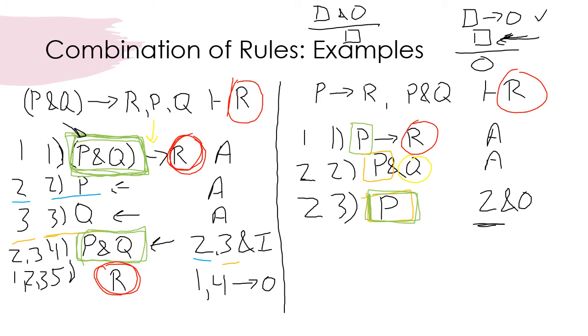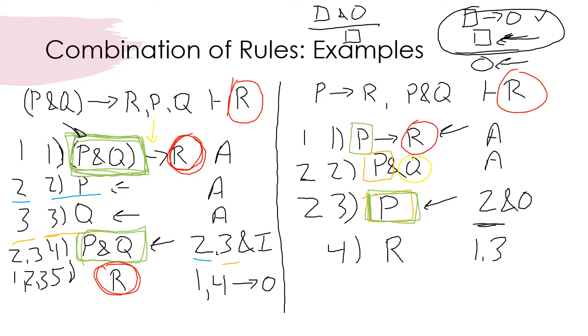And so, since I have a conditional in this first line, square arrow circle, I have the left side, I have the square, I've got the antecedent, what we call it in logic. So, since I have those two pieces, I can derive the right side from it. So that would be 1 and 3. What's the rule I'm using? I'm using arrow out. And so what's the number associated with line 1? Well, line 1 is 1.